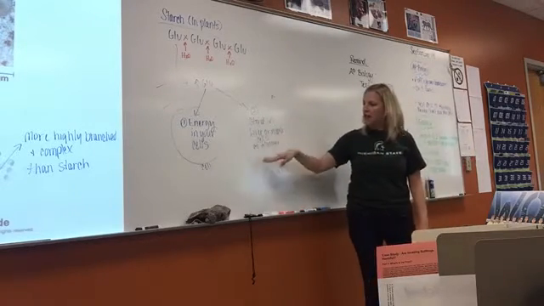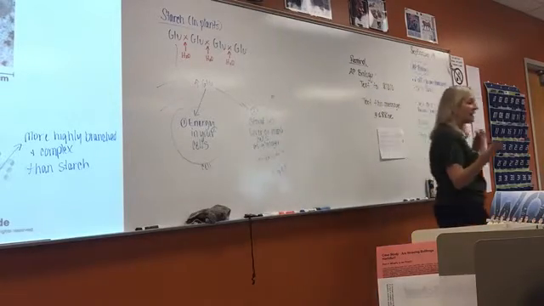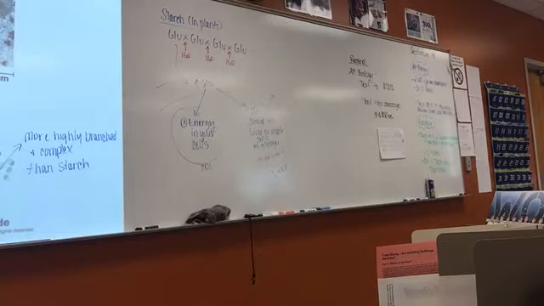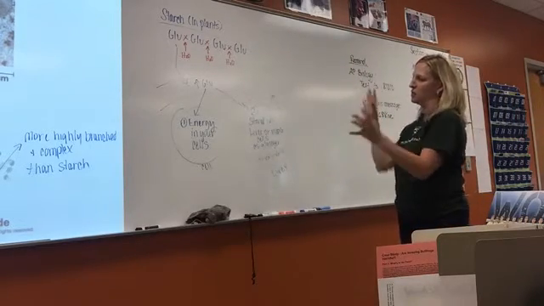So that stays there in your liver and muscle cells where, at any time when you need glucose for energy, you can break those bonds and put that glucose back into your bloodstream and use it for energy. All right, so that's the relationship between starch and glycogen and how we use them.